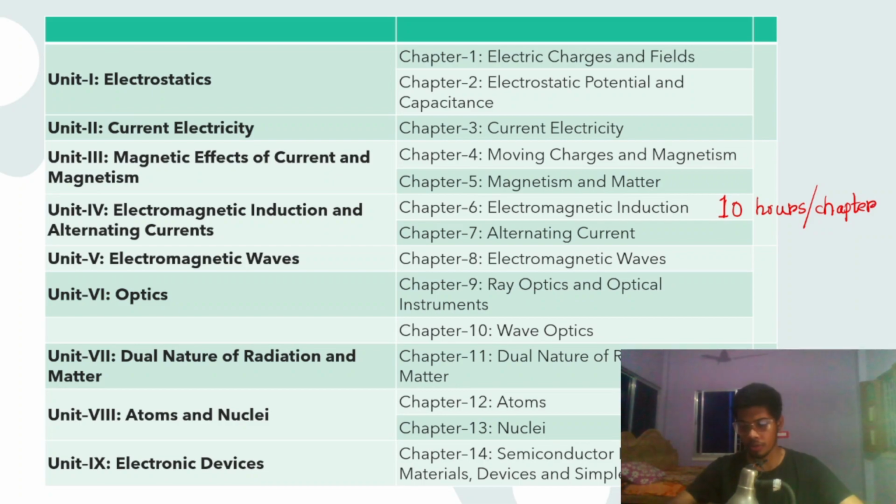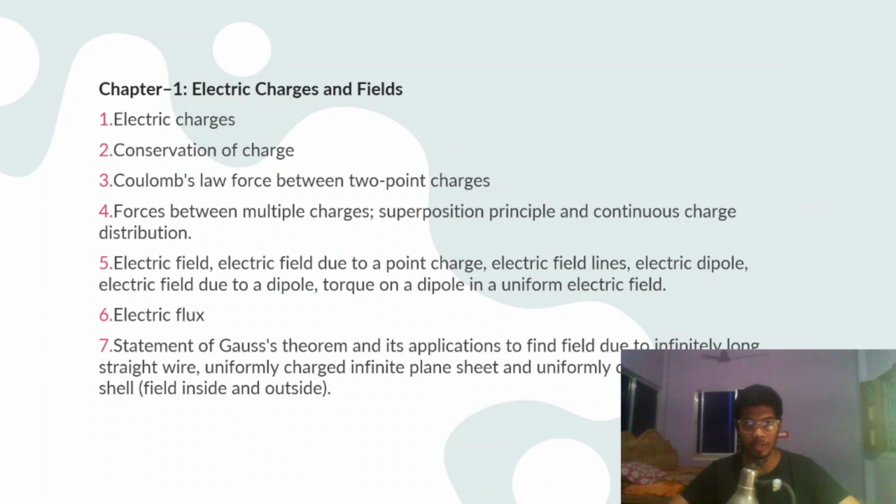Let's discuss a little bit about what kind of chapters we have. The first chapter is electric charges and fields, where there are various applications, various derivations, interesting facts, and some concepts. So it will take a little bit of a long time to understand and grasp this particular chapter.